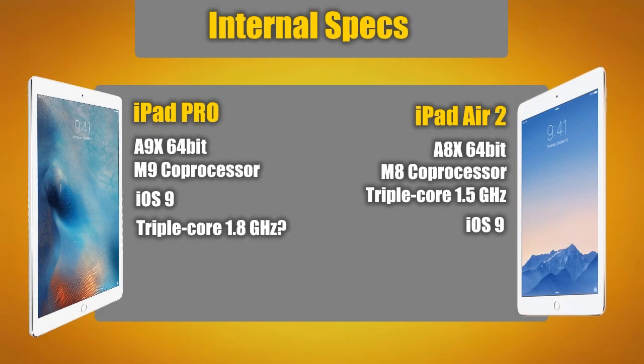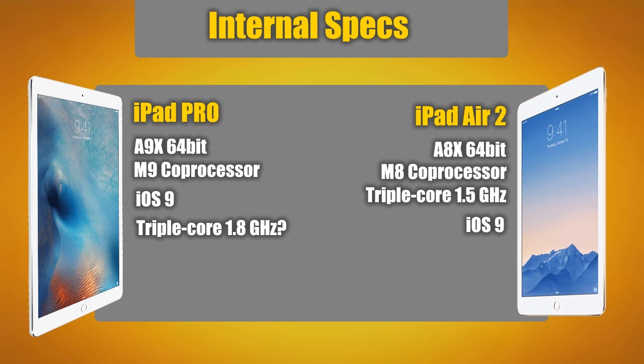So moving over to internals, the iPad Pro has an A9X 64-bit, whereas the iPad Air 2 has an A8X 64-bit. The iPad Pro has an M9 coprocessor, whereas the iPad Air 2 has an M8 coprocessor. The iPad Pro uses iOS 9, and the iPad Air 2 is also iOS 9. The iPad Pro has a triple core 1.8 GHz.